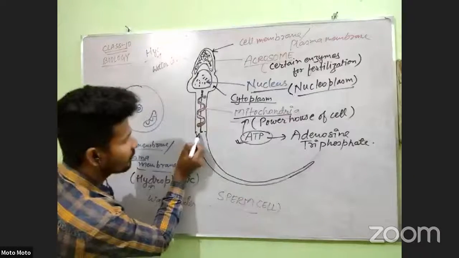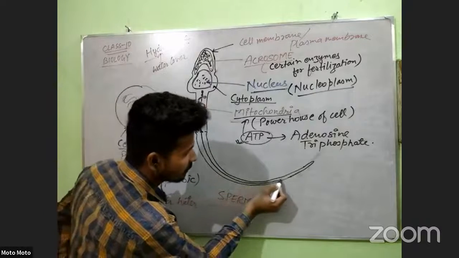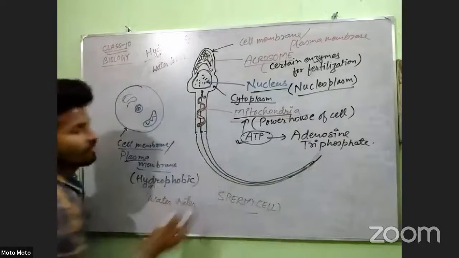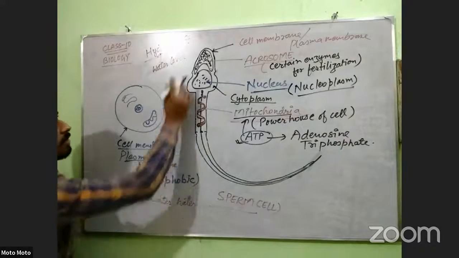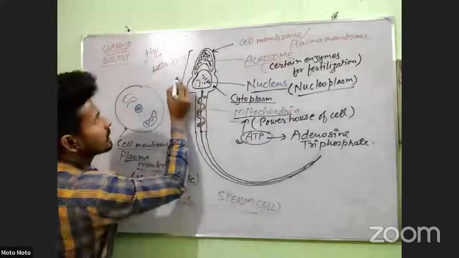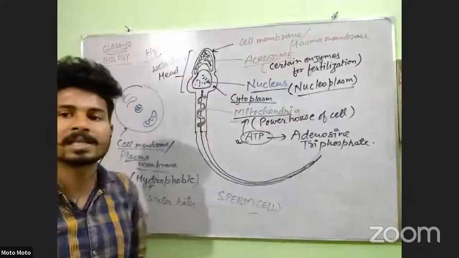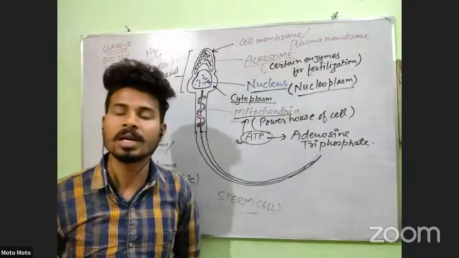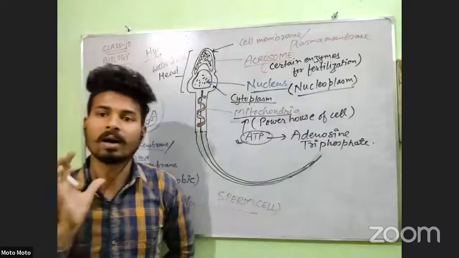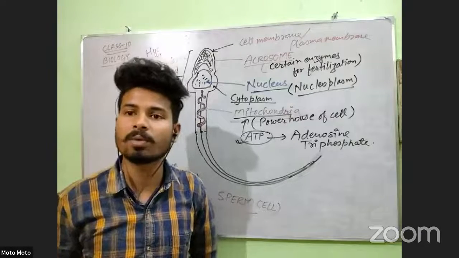So after that, we will be having some flagellar structure, and this end is the different end. Basically the sperm is divided into three sections. This upper section is called the head. As a human is divided into three sections, for the upper section we use the word head, and for the lower section we use the word legs.